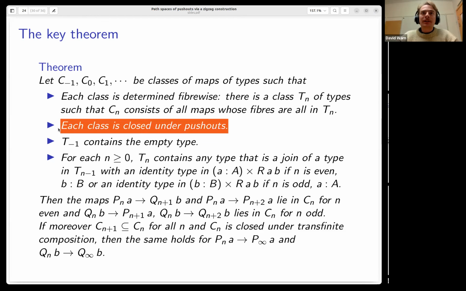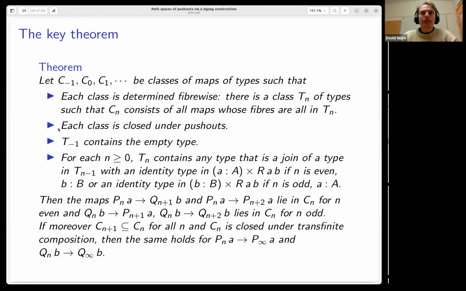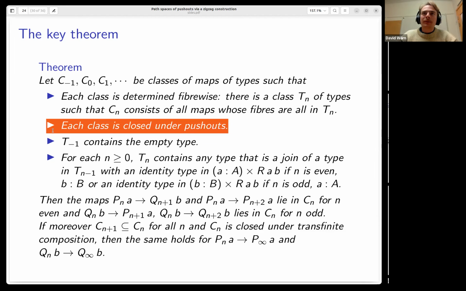I ask also that each class of maps is closed under pushouts. Remember on the previous slide, the map we were interested in was actually the pushout of another map. Or this happens twice actually, so we have to pass to pushouts. Many important classes of maps are closed under pushouts, like connected maps or embeddings or equivalences.